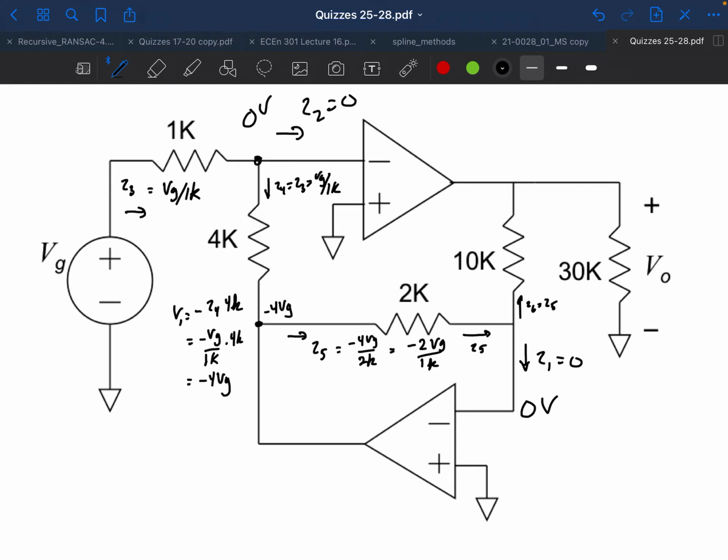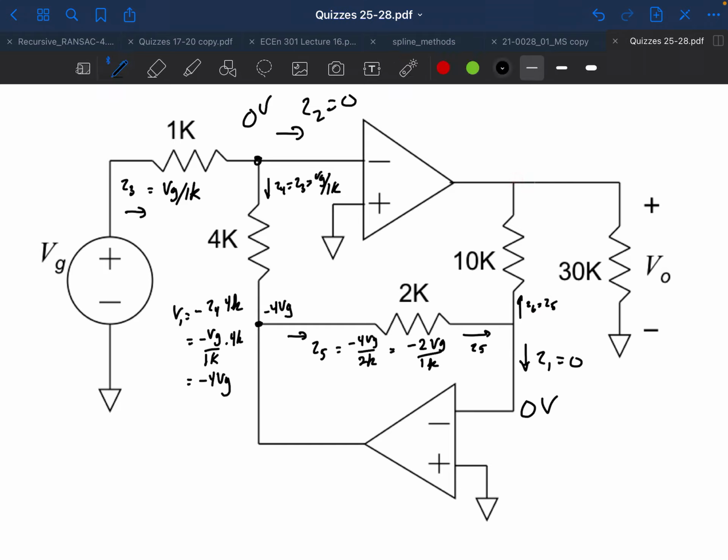So I know what that current is, and I also know this voltage. And this voltage here is VO. So this voltage plus 10K times I6 has to equal that voltage.